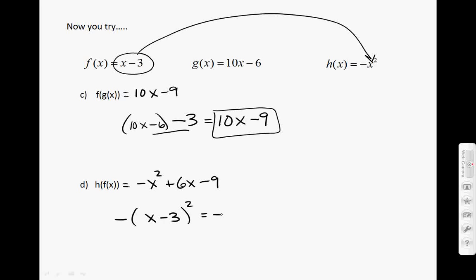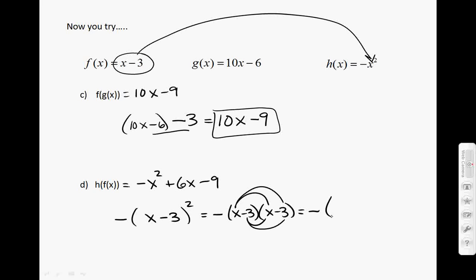So this will be negative x minus 3 times x minus 3. And we want to FOIL this. X times x is x squared. X times negative 3 is negative 3x. Negative 3 times x is negative 3x. And negative 3 times negative 3 is positive 9.